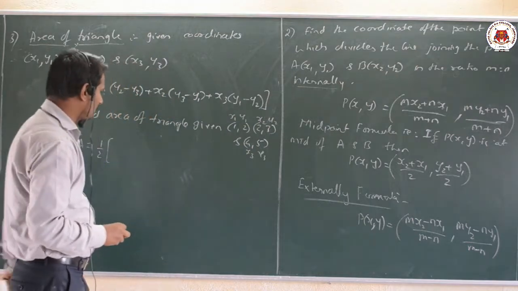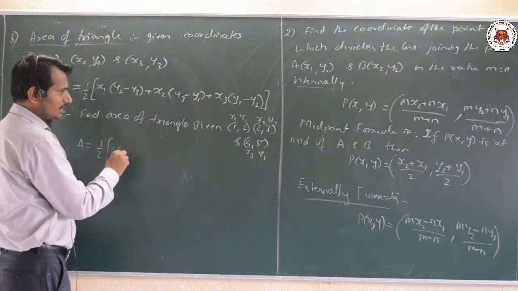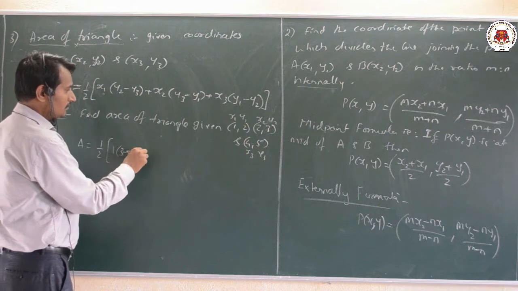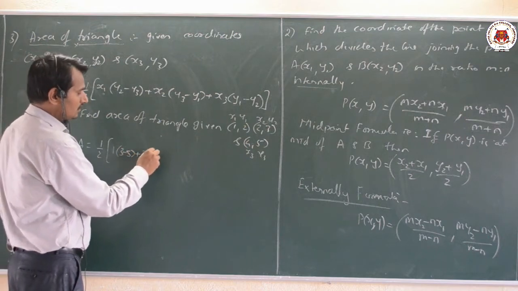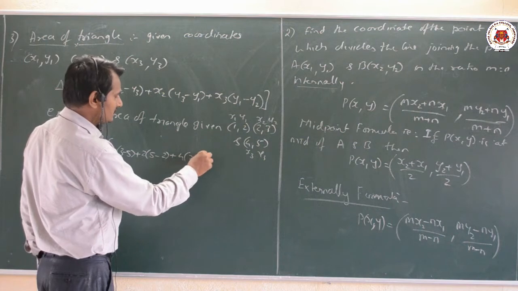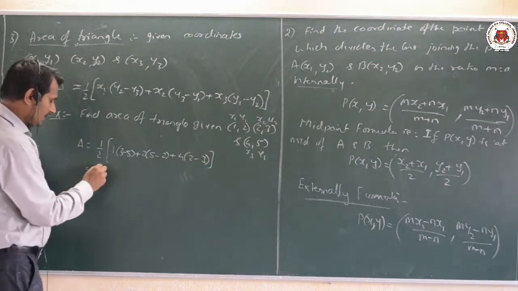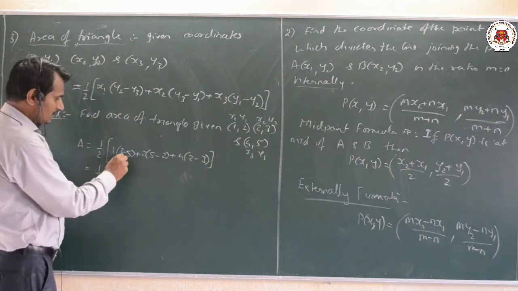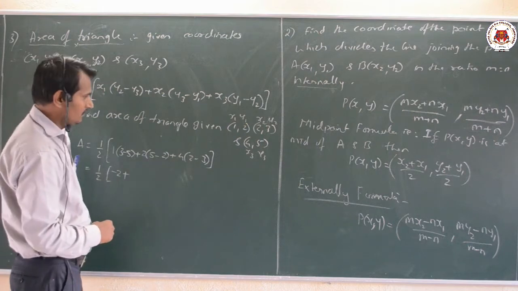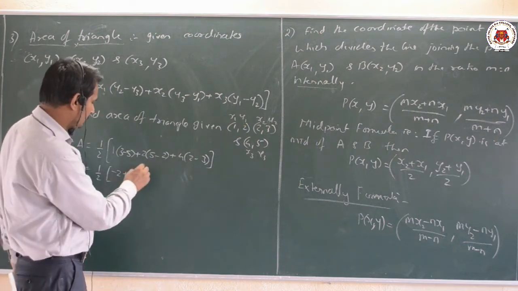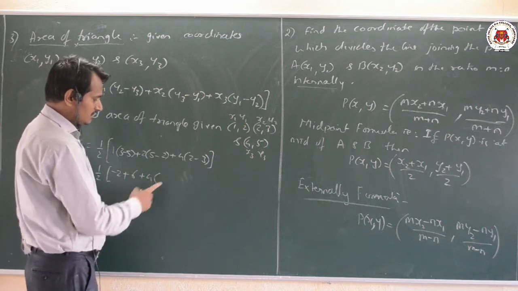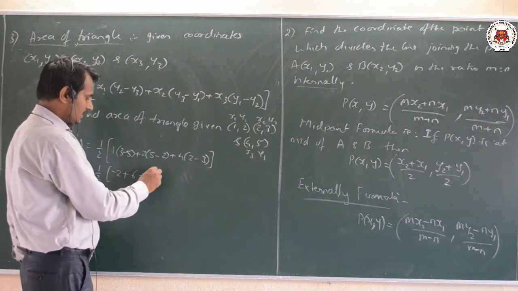So we get 1 into y2 minus y3, that is 3 minus 5, plus 2 into 5 minus 2, plus 4 into 2 minus 3. Now we get 1 by 2 into 3 minus 5, that is minus 2, plus 2 into 3, that is 6, plus 4 into 2 minus 3, that is minus 1, ultimately minus 4.